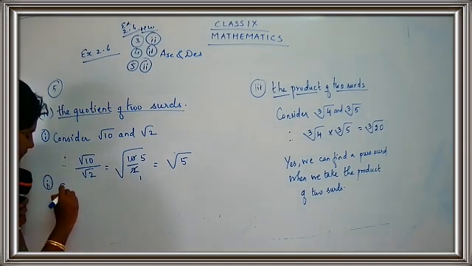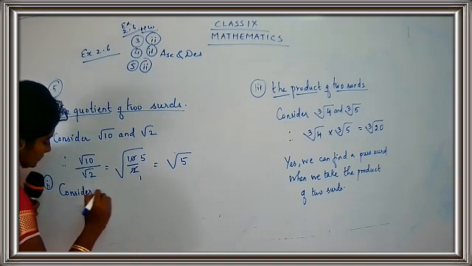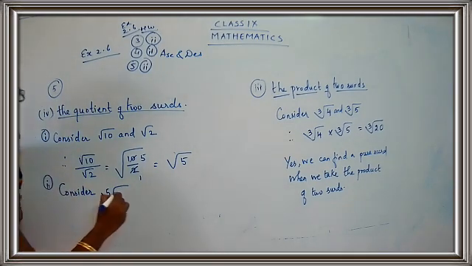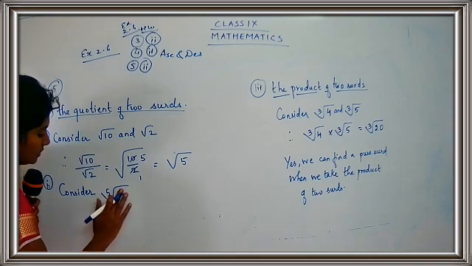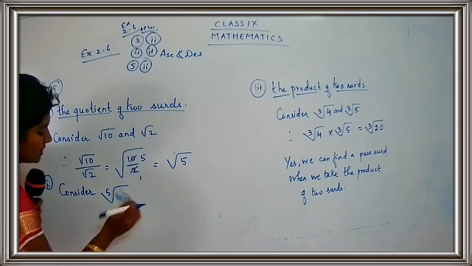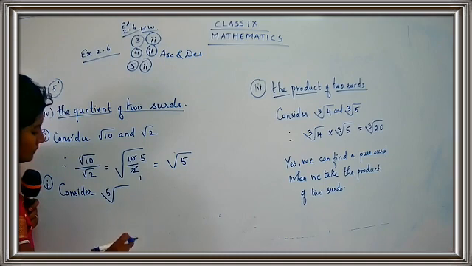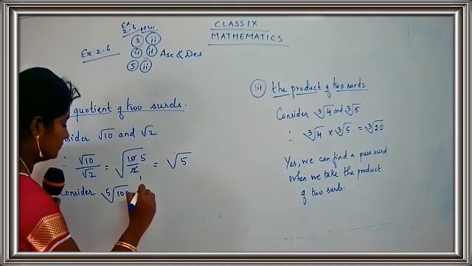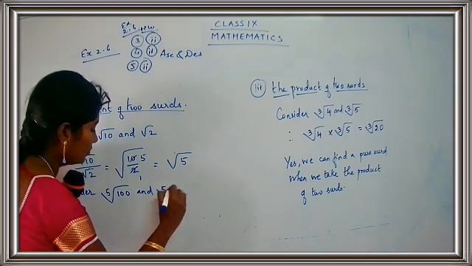Consider, take some numbers which are divisible. Fifth root of 100 and fifth root of 25.